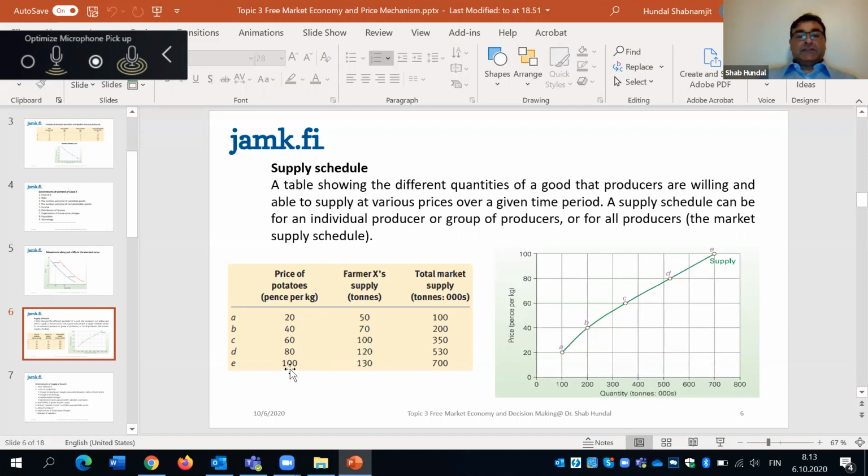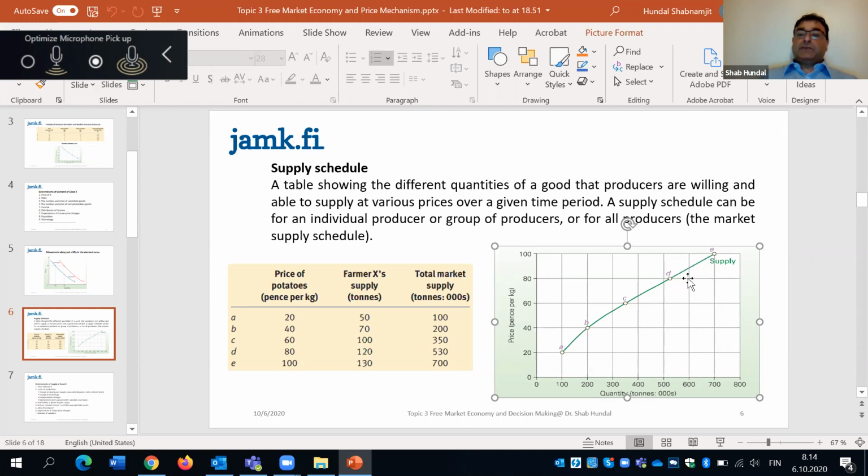When the price increases, the supply also increases. If the supply for one supplier increases, and there are more people, you can combine them, and thus you can have the market supply curve. As you can see, it slopes upwards, which means that as the price, the cause, increases, the quantity supplied, the effect, also increases.